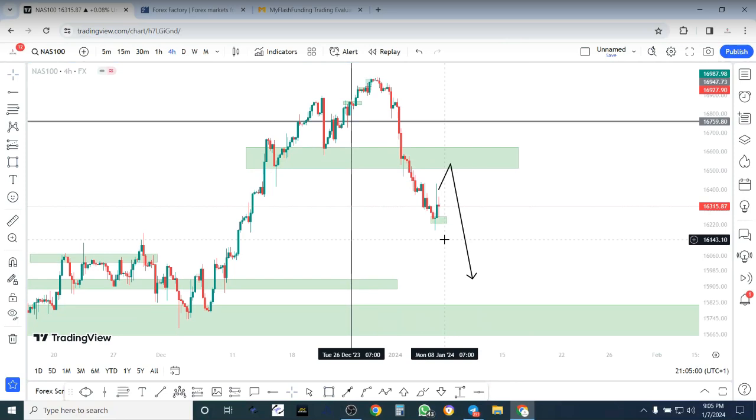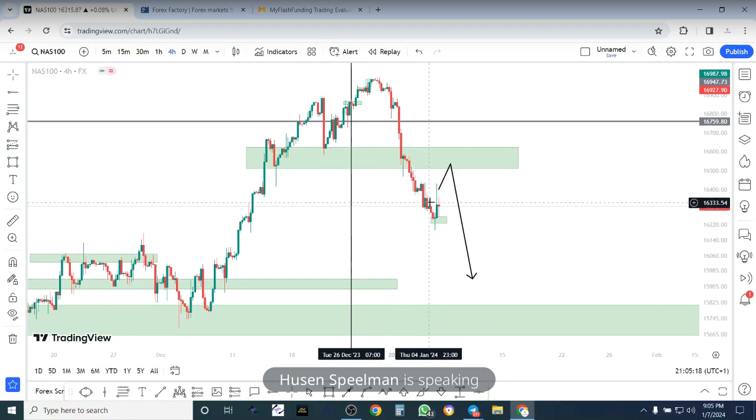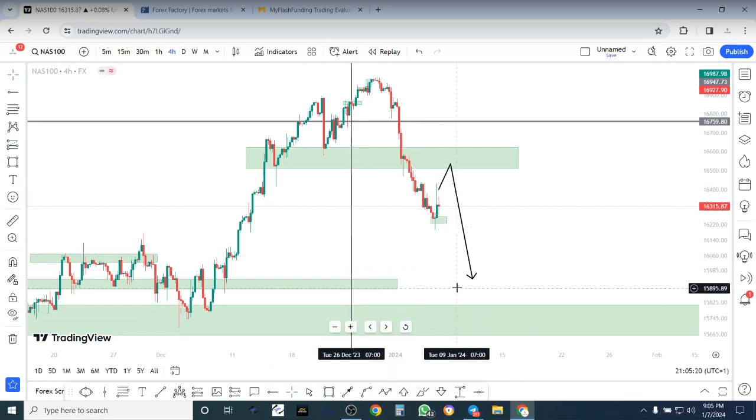And if there's one thing I know about price, it's that price cannot just be impulsive without stalling, moving sideways or pulling back before continuing in the direction it wants to go. So this is a massive impulsive move, and I don't think it would be easy for us to just continue non-stop. It's possible, but in most cases, price will not just continue like that.